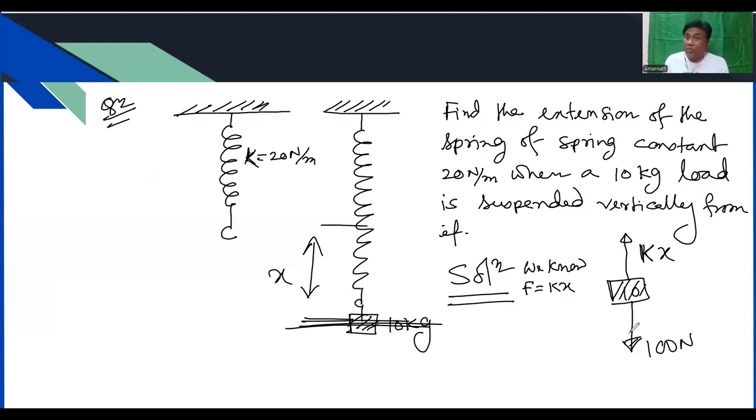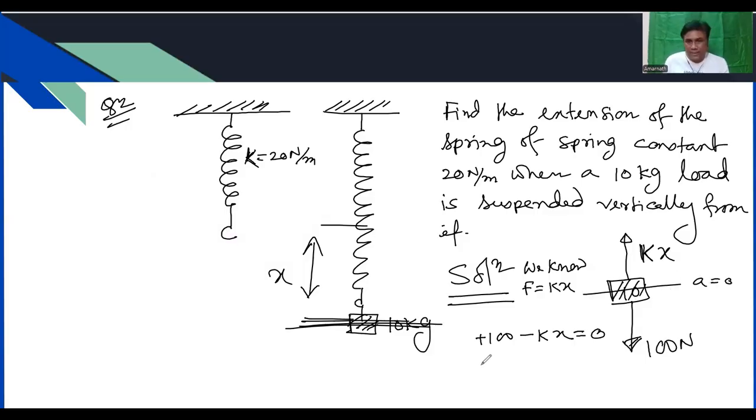So if I take downward force as positive, plus 100, the upward force automatically will be negative, because they have opposite directions. Then it equals mass into acceleration, but acceleration is zero. It is stationary.